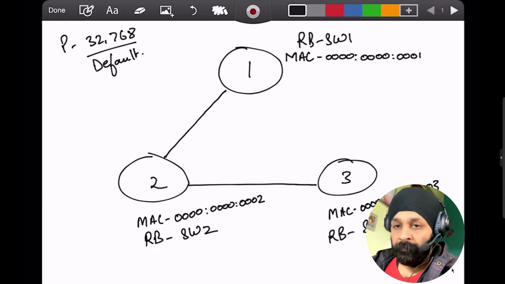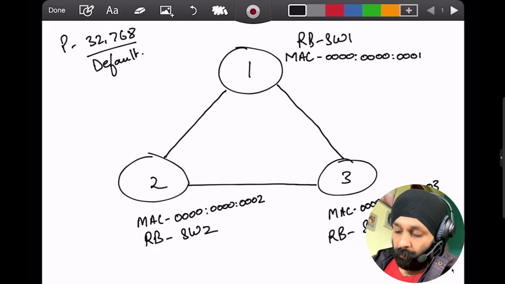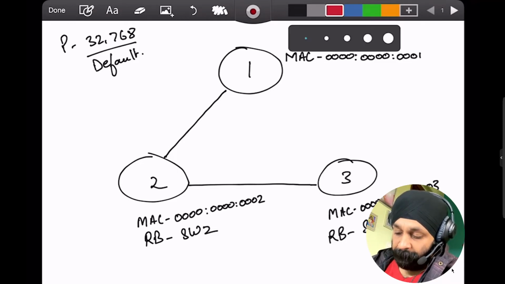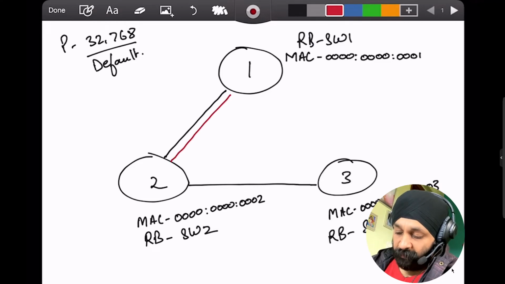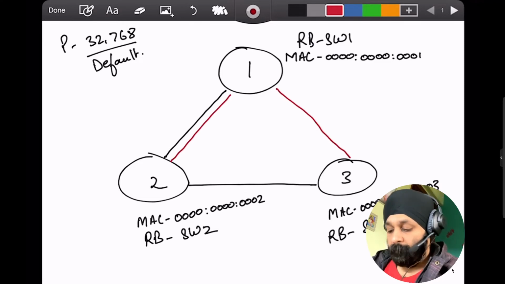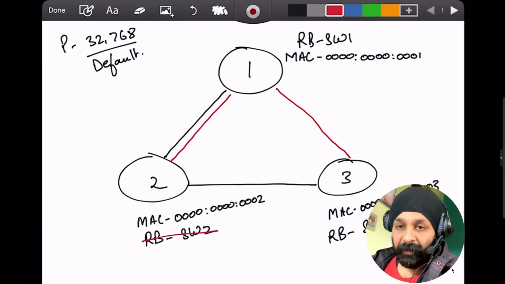Now, switch 1 broadcasts a BPDU of its own to both the switches. Let's change the color so that we understand this. When this BPDU reaches switch 2, it sees that this is a superior BPDU, so it stops assuming itself to be the root bridge.